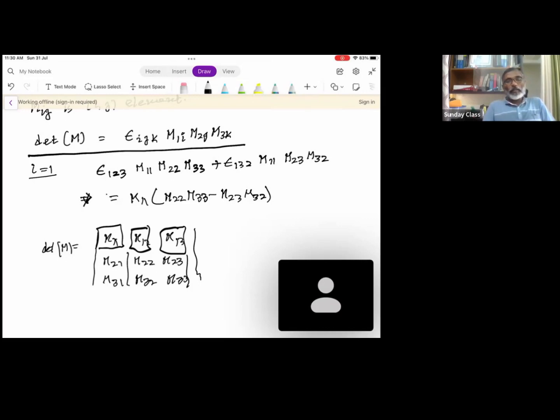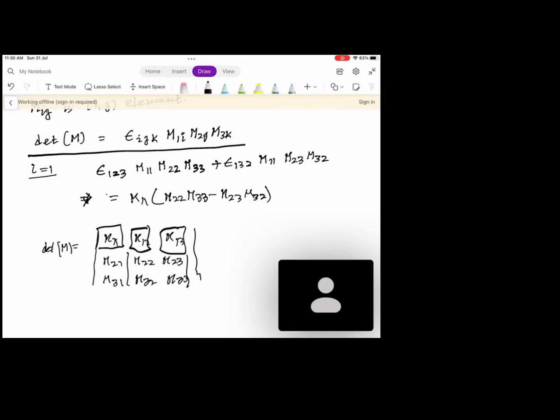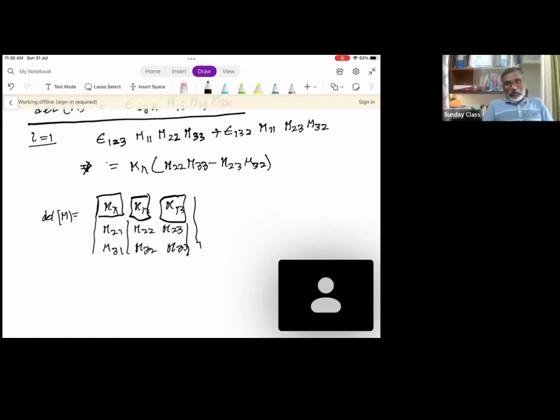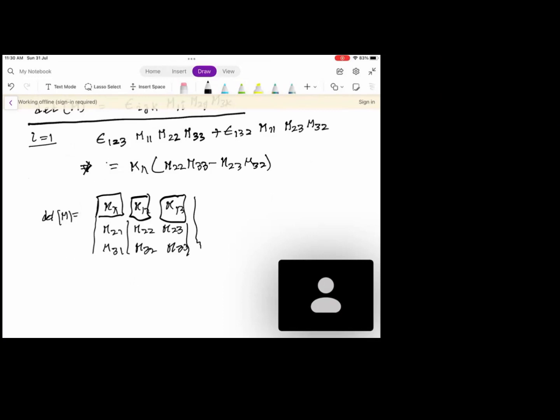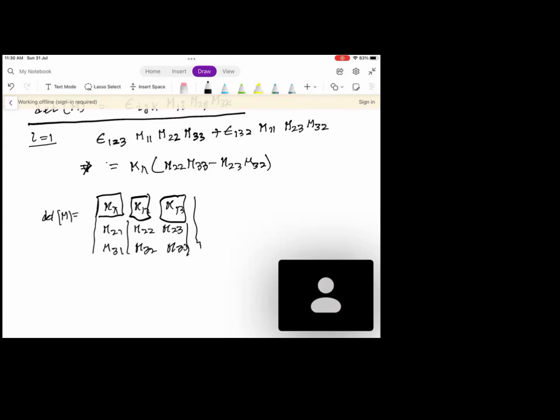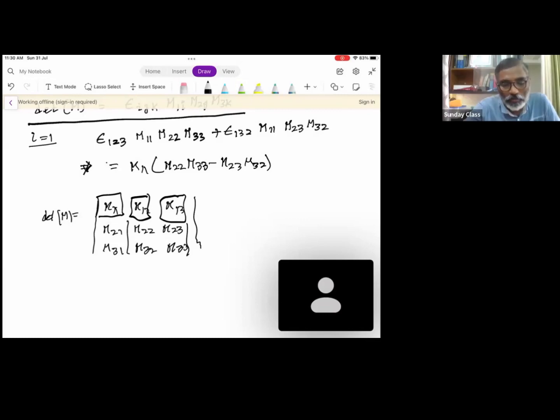Sir, in general sense, how do we define a tensor? Yeah, so a tensor is defined by using certain transformation matrices. We will come to that, but I'm just trying to give a sense of recognizing it. We will formally define it using the transformation matrices later.